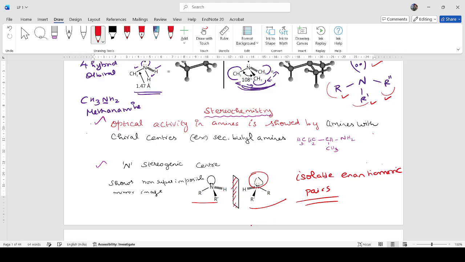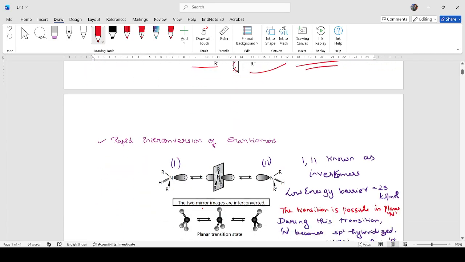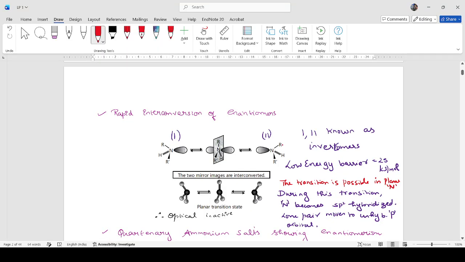So they should be optically active. That is what we expect. But actually they are optically inactive here, though they are stereogenic centers. There is no doubt: when that nitrogen is bonded with three different groups and a lone pair, it is stereogenic. But it is not showing an isolable enantiomeric pair, so we say it is optically inactive. Why can it not show isolable enantiomers?